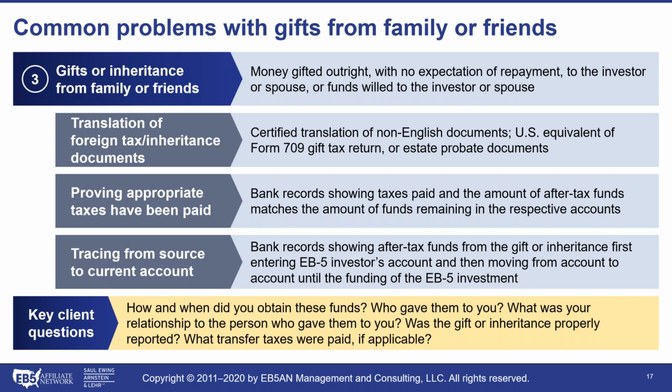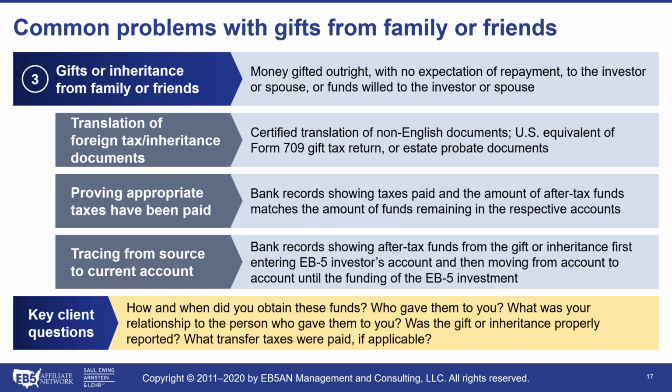Inheritance as well. The challenge with inheritance is understanding that USCIS is tending to probe the decedent's ability to have obtained the funds or the assets in ways that I think appear to be a little bit more intrusive than has been in the past.